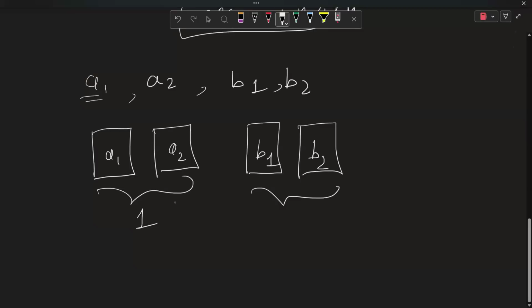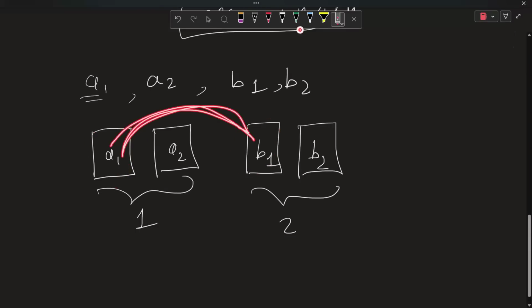And now how are they playing? First, the first player would select any one of his cards. Let's say he selected A1. The second player would select any one of his cards and turn it up. Let's say the other player selected B1.